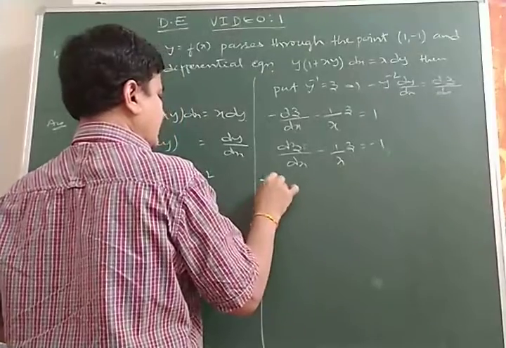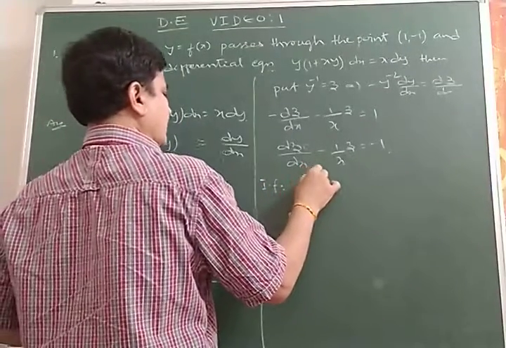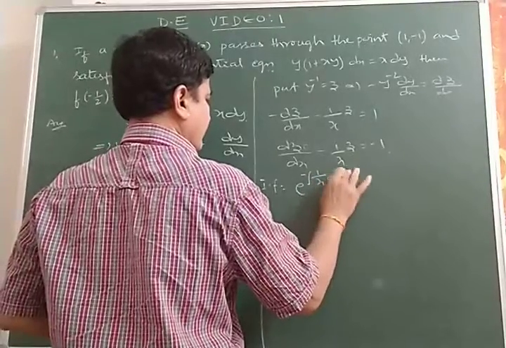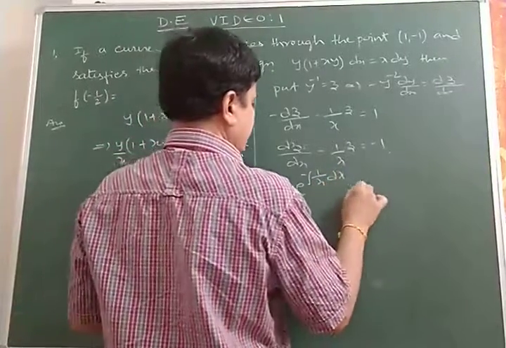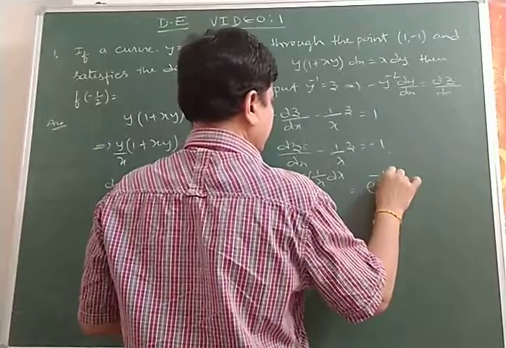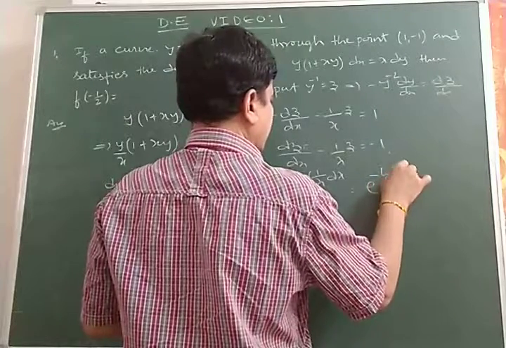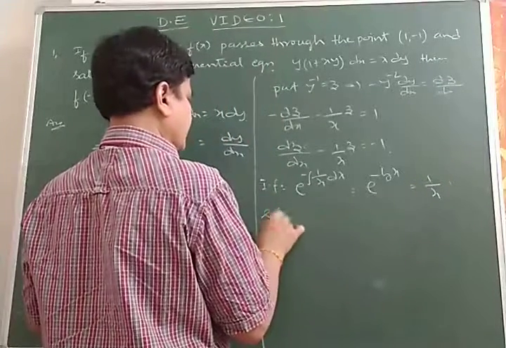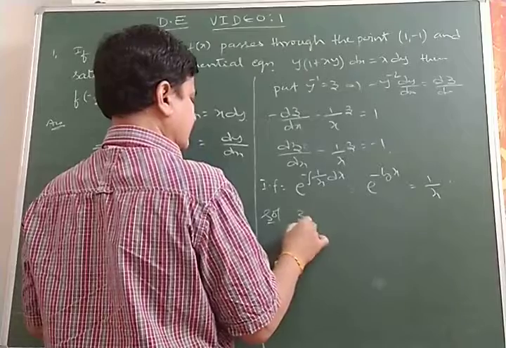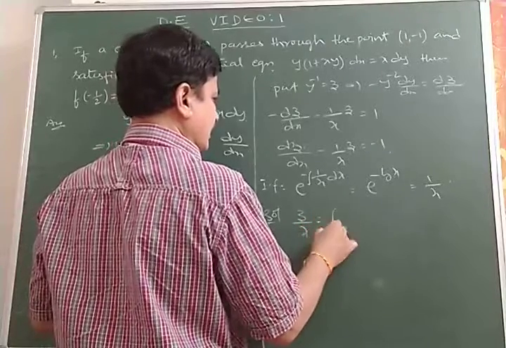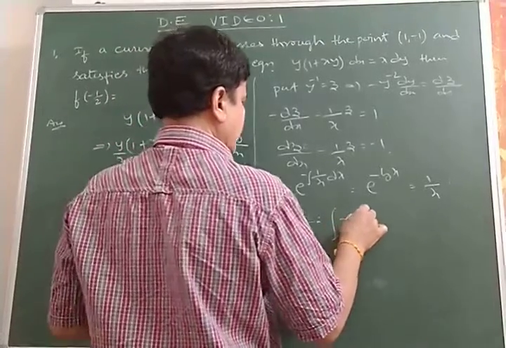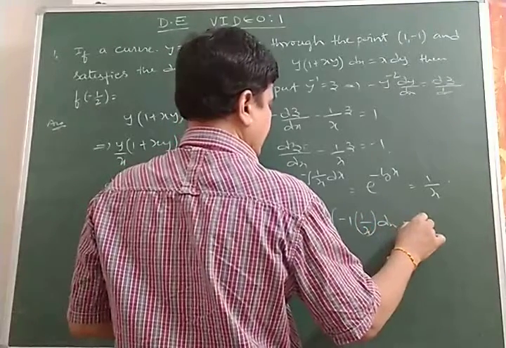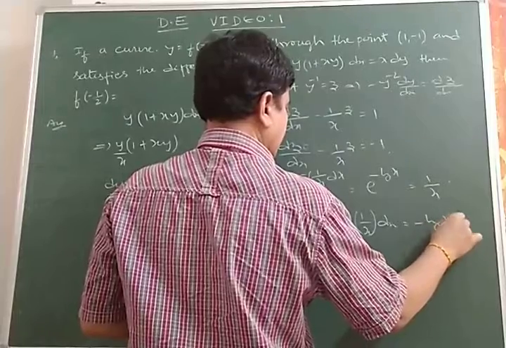Now integrating factor is e to the power of integral minus 1 by x dx, so that is equal to e to the power of minus log x, that is 1 by x. Now the solution is z by x is equal to integral of minus 1 into 1 by x dx, that is equal to minus log x.